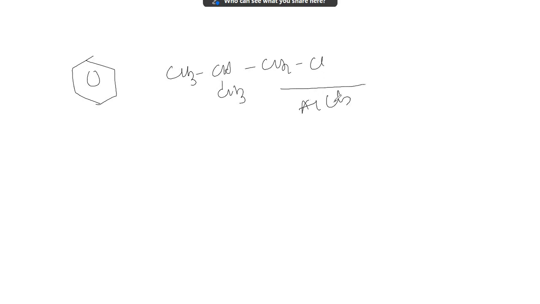Suppose it was benzene. It was treated with this, with AlCl3 as Lewis acid. This chlorine is attacked by aluminium, inducing positive charge on the carbon. So we are getting two products.